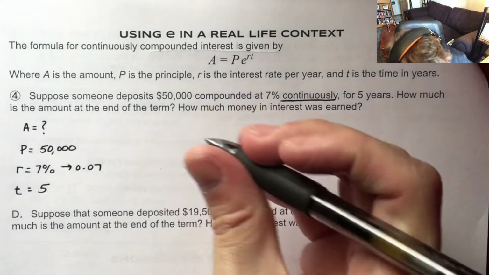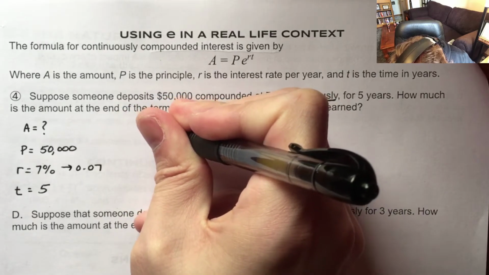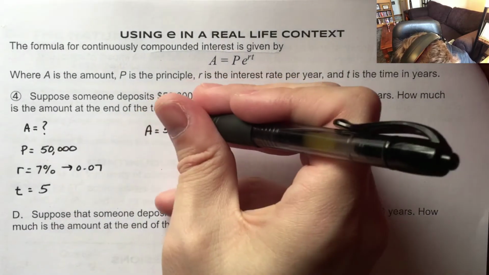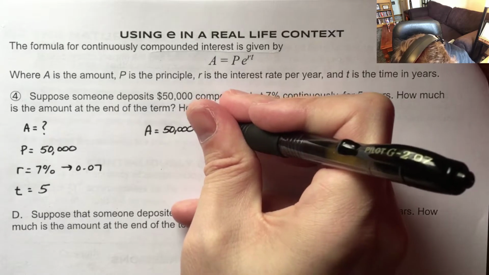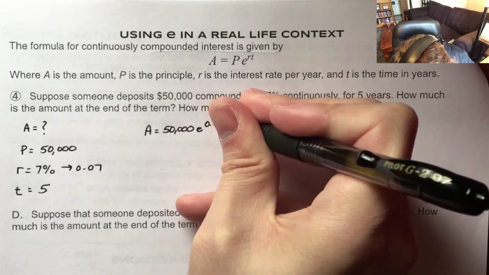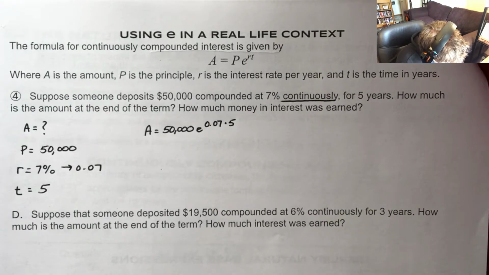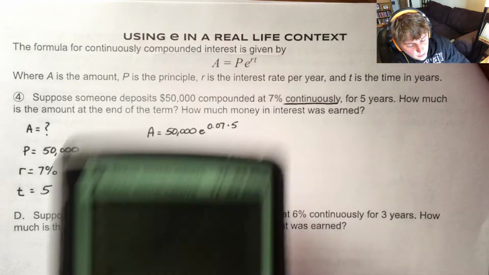So we just basically got to use the formula. A is equal to 50,000 times e to the 0.07 times 5 power. 0.07 times 5 is 0.35.